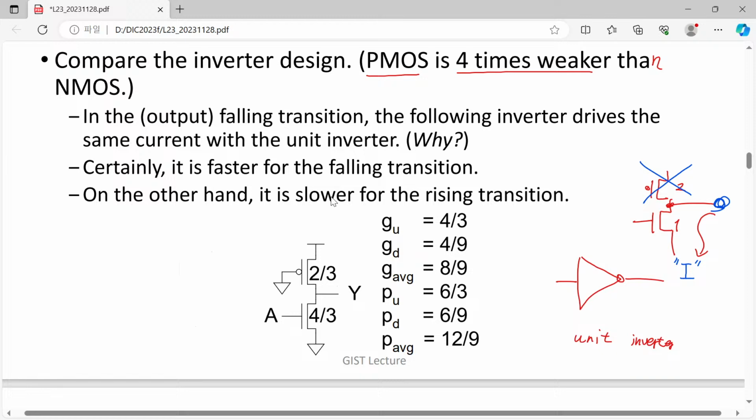So when we have the same driving current, first we can try to find out the input capacitance.